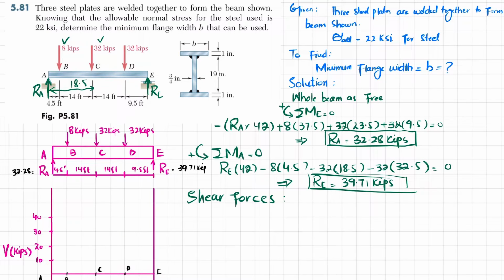So we'll start from point A. From A to B there will be no load, so it will remain 32.28 kips.